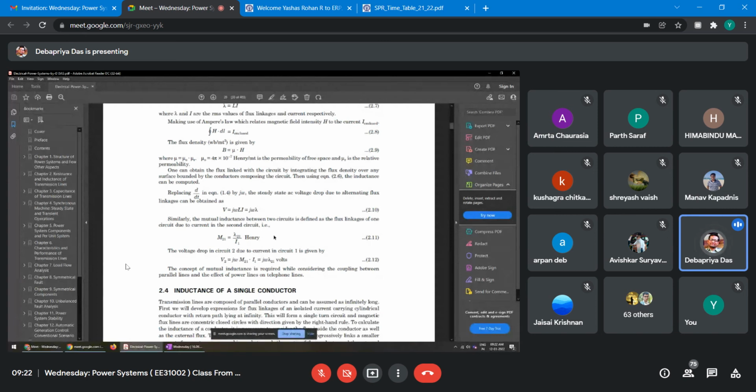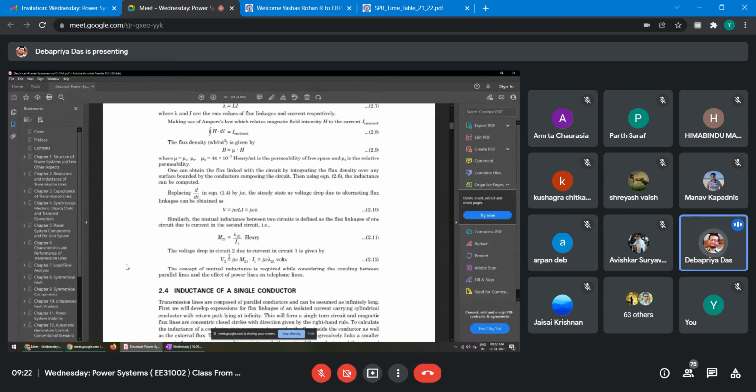Similarly, the mutual inductance between two circuits is defined as the flux linkages of one circuit due to current in the second circuit. That means M21 is equal to lambda 21 upon I1 Henry. This is in the first year when you studied magnetic circuits. At that time, mutual inductance you have studied, right?